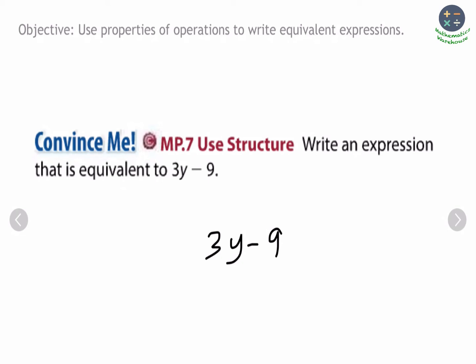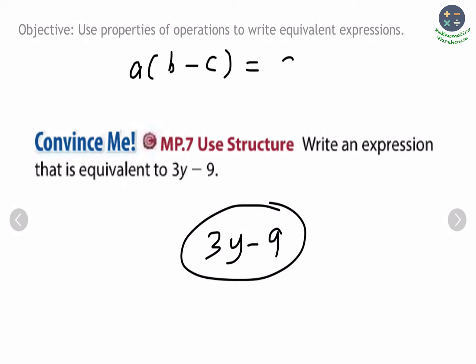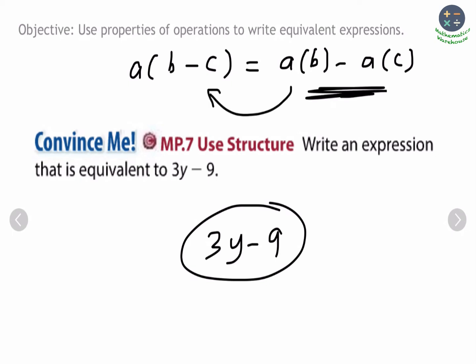So what shall we do? We have to use the distributive property. But here we don't have a bracket to multiply with a number, so we're going to do the inverse way. As we know, if we have A times B minus C, it would be A times B minus A times C. Here we have this side, so we have to go to this side.